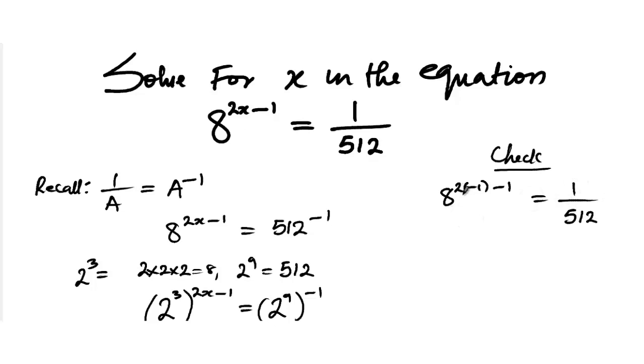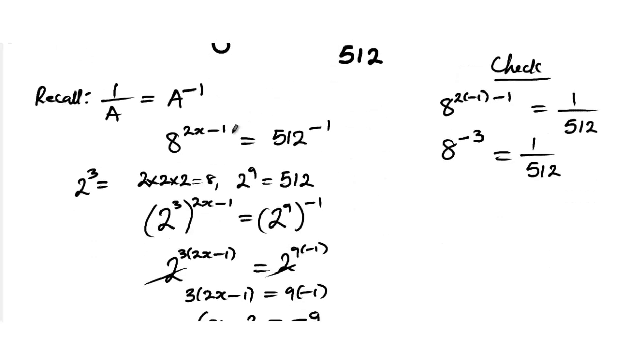So let's look at it. 2 times minus 1, that's minus 2. Then minus 2 minus 1, that is 8 raised to power minus 3, which should equal 1 over 512. If we decompose this, I can write it as 1 over 8 raised to power 3, which should be 1 over 512.